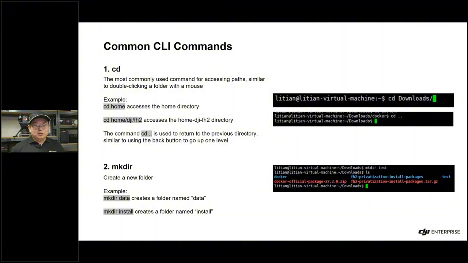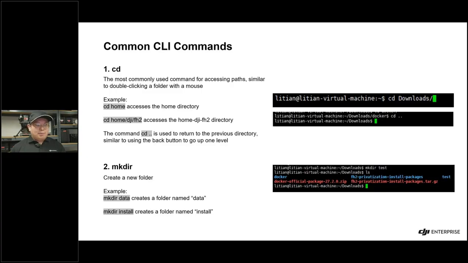If you want to get into a folder from your desktop, you double click it with your mouse in the graphical user interface. In the command line interface, instead of doing that, you type CD space and then the directory to get into that directory, for example to access a file within it. So that's our first command.